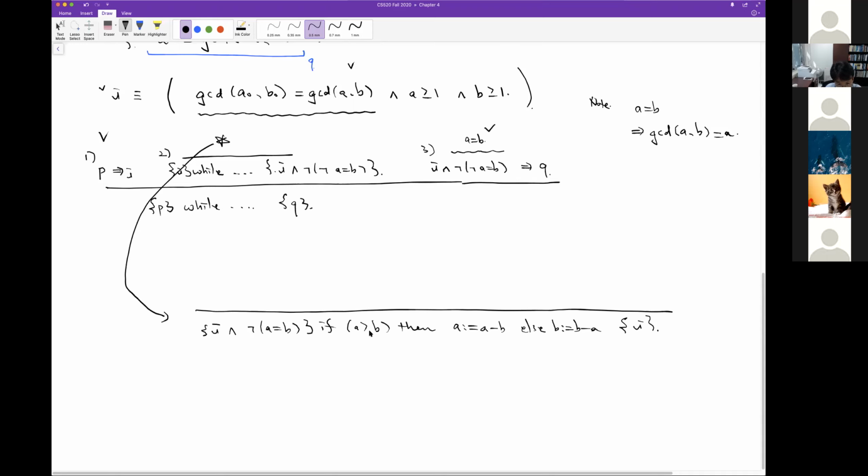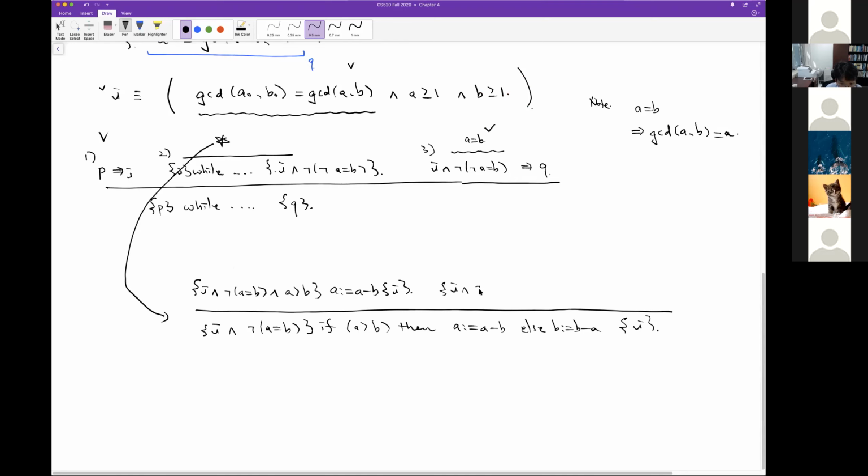When we prove something about the false branch, we can assume that the negation of the condition is true. So we have to show I and A not equal to B, and under these conditions of the loop, A becomes A minus B, and I is true. This is what we have to prove for the true branch.